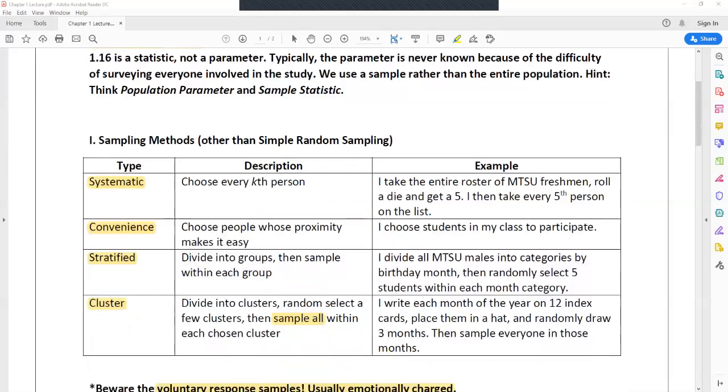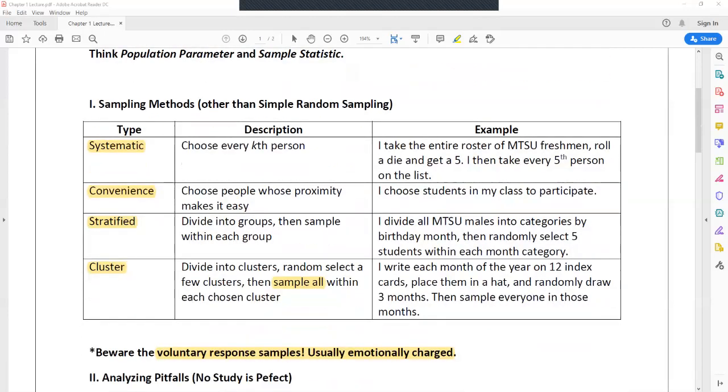We also discussed sampling methods, and I just want to give an example of each of these. Suppose that you are a principal at a comprehensive high school, and you would like to know who the students would like to elect for Teacher of the Year. And you want to use systematic sampling.